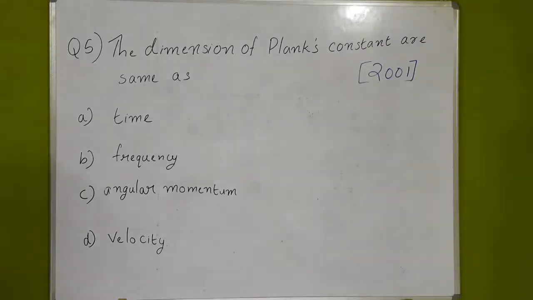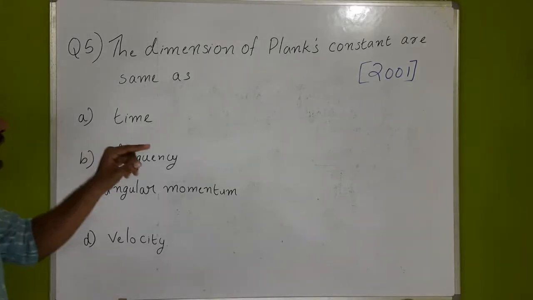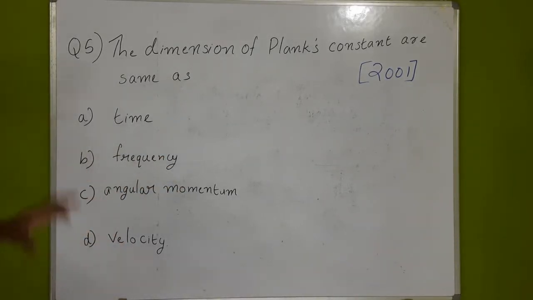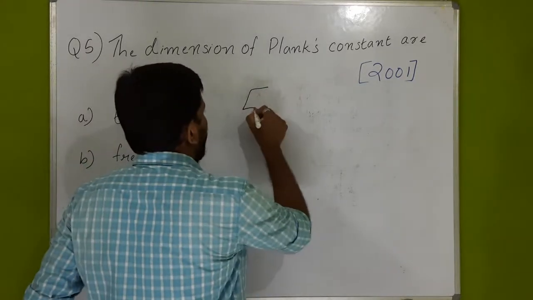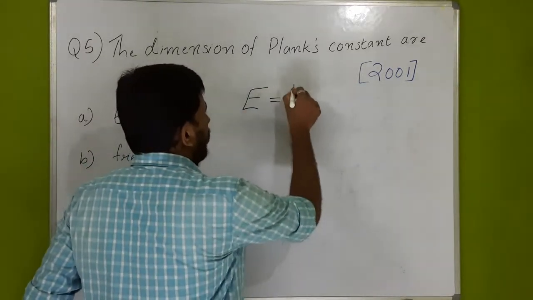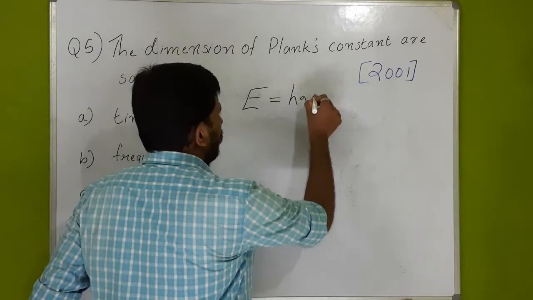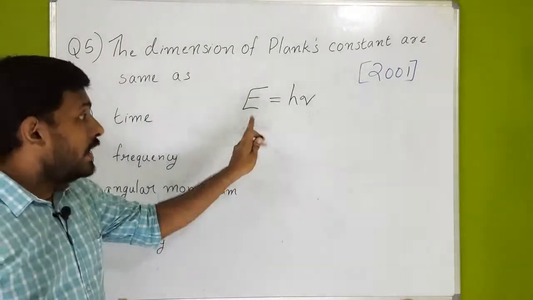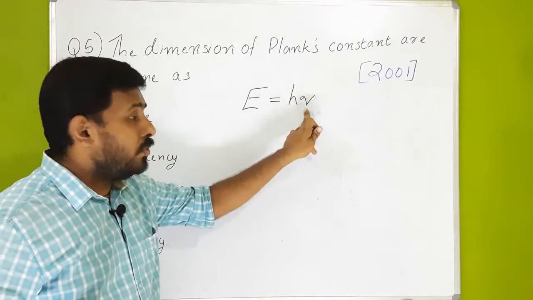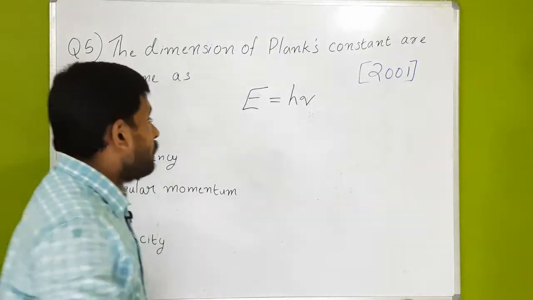So let's move to the next question. That is question number 5. The dimension of Planck's constant are same as time, frequency, angular momentum, and velocity. Okay, we know that the energy is equal to h into nu. Here E is the energy, h is the Planck's constant, and nu is the frequency.